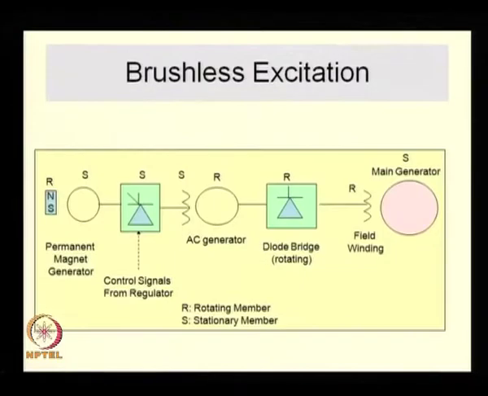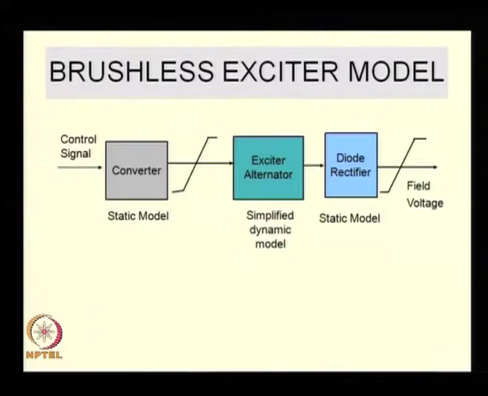The brushless excitation system is a bit more complicated in the modeling aspects. The main issue here is that the exciter alternator has to be modeled by a dynamic model, not a static model. And the diode rectifier, which is an uncontrolled rectifier, has a limit, that is its voltage cannot go negative.